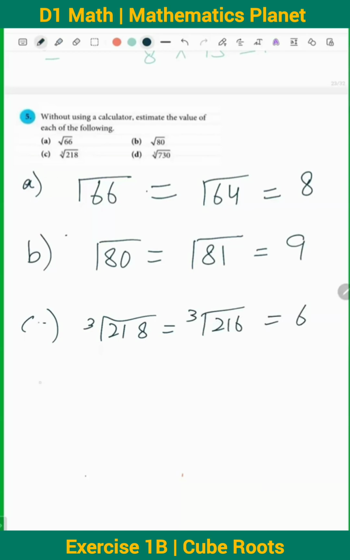Okay, D part. Cube root of 730. Nearest to 730? Nearest to 730? 725?